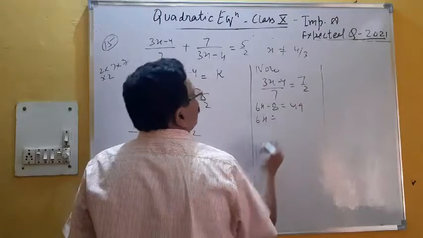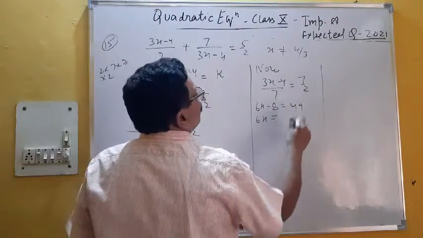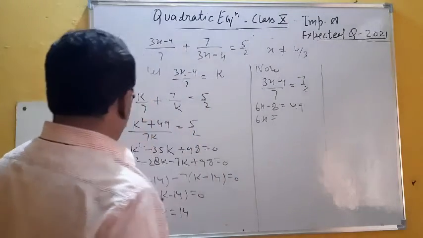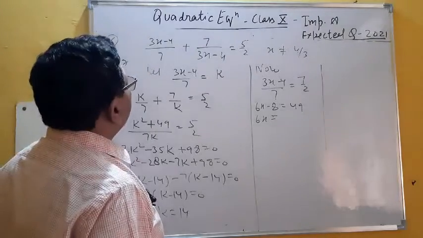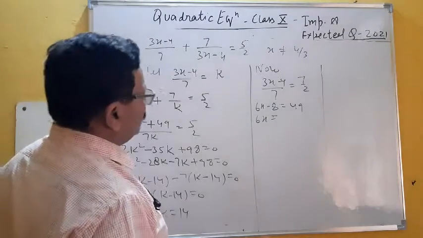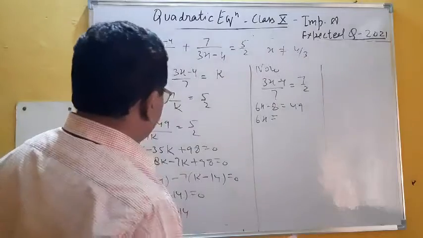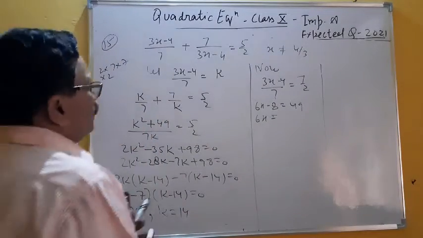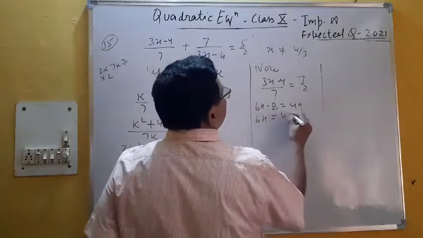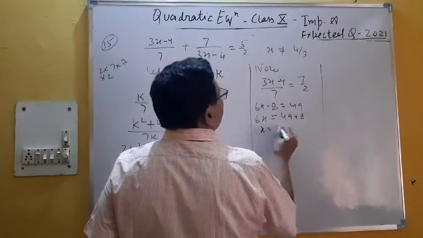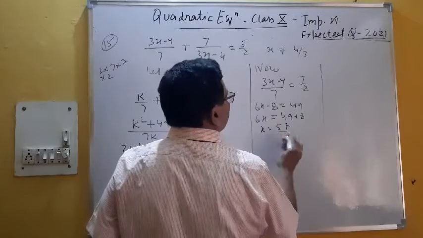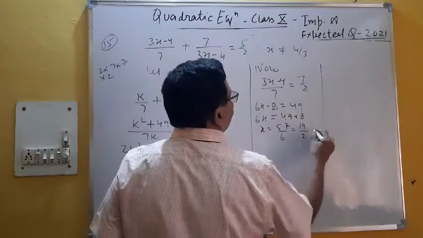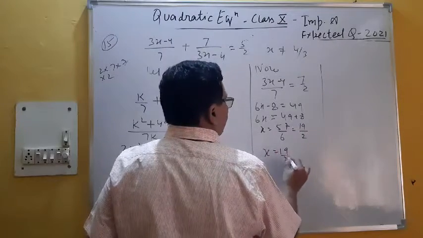Then 6x equal to 49 plus 8. x equal to 57 upon 6, which is 19 upon 2. So x equal to 19 upon 2.